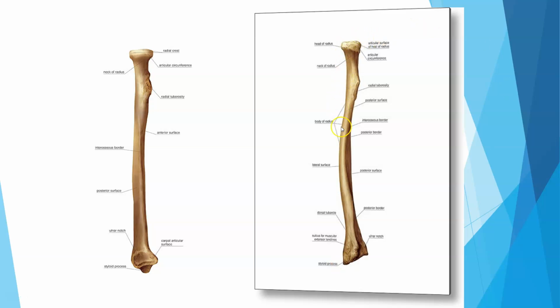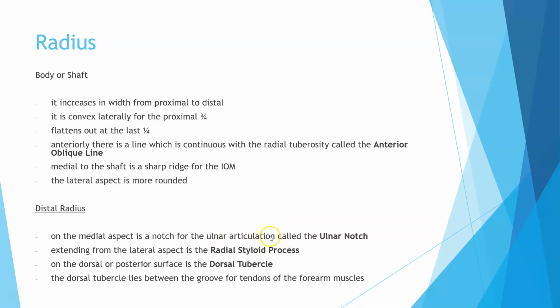So again, here's our lateral surface of the radius. Medially here we see the ulnar notch. Laterally out here we have this sharp process at the very end, and this is known as the styloid process.